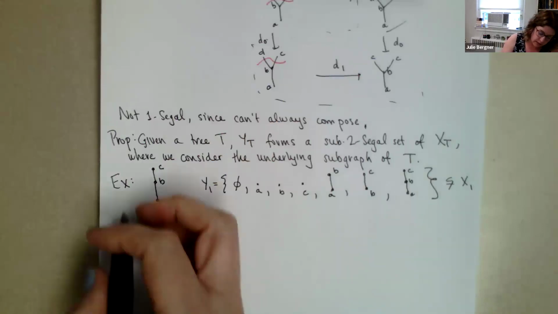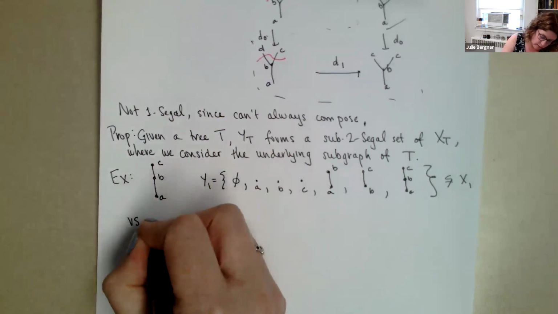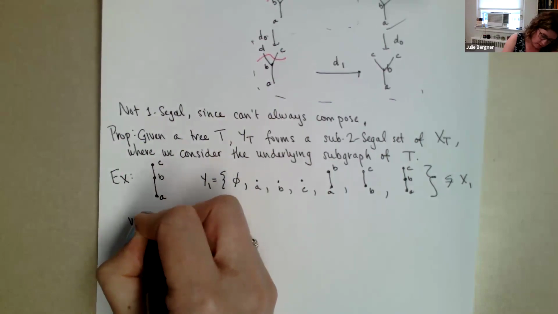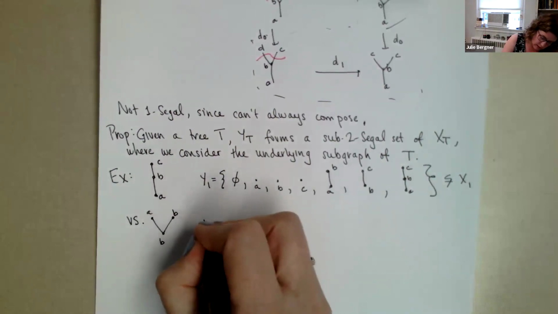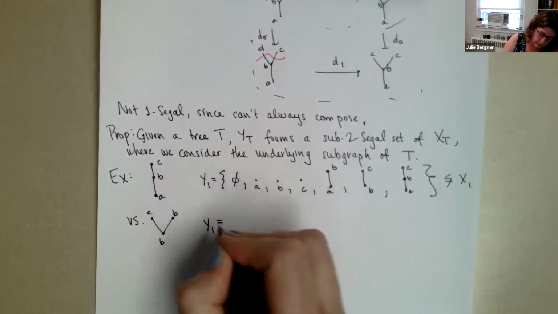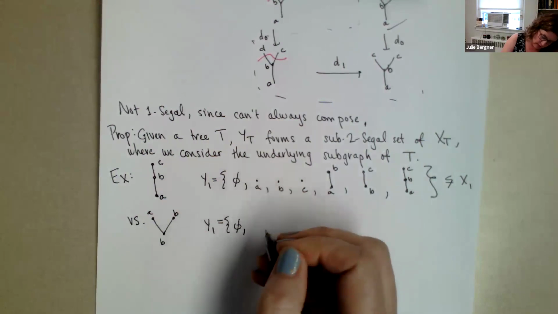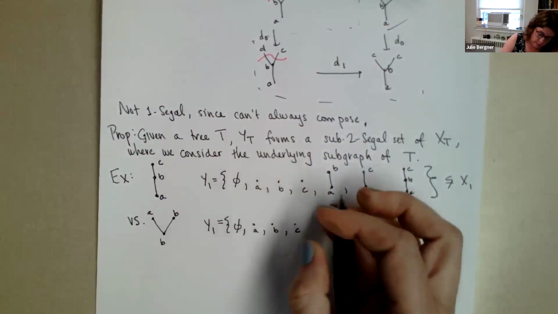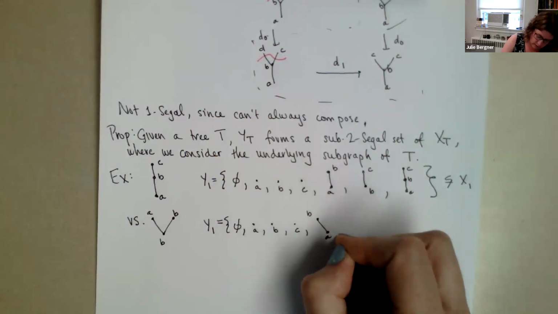Okay, but it's worth noting the rooted structure makes a difference. So if I instead put the root at B, so that this would naturally be drawn as a tree in the following way, then I would get a different collection. So I'd still get the empty subgraph, I'd still get the singletons. I could still get these two edges.